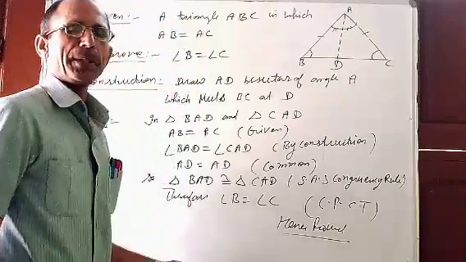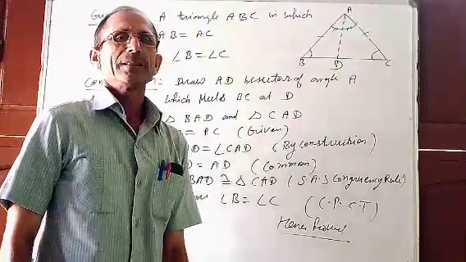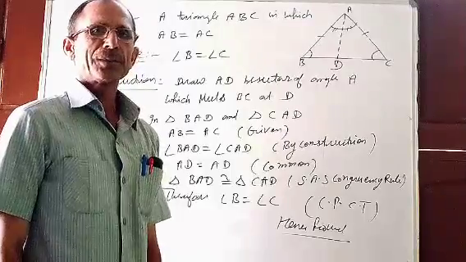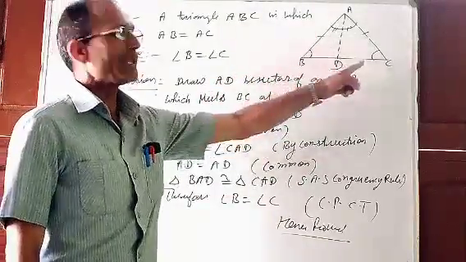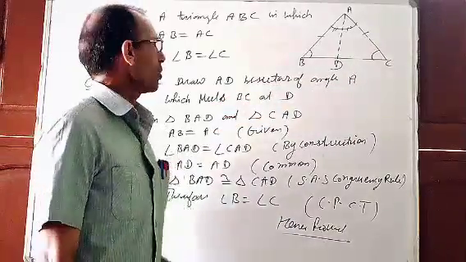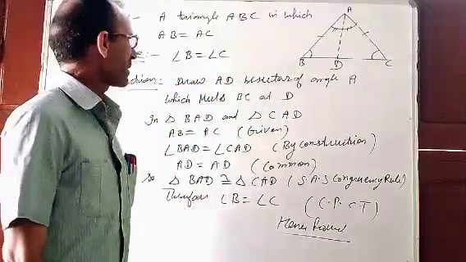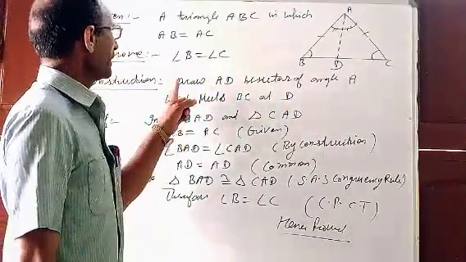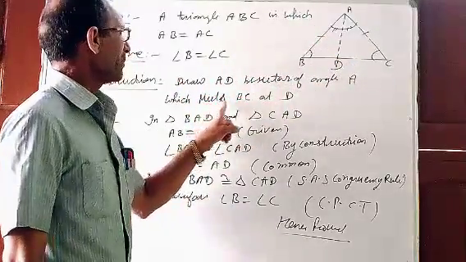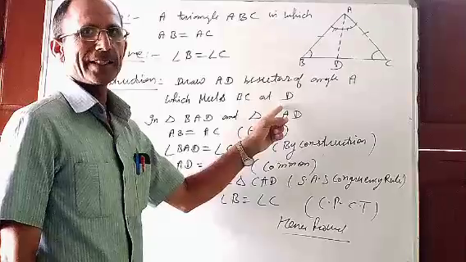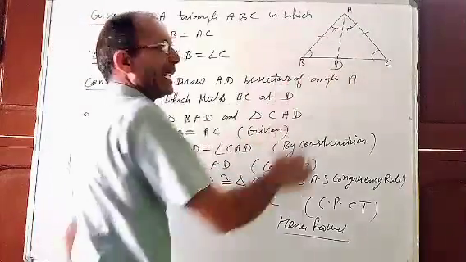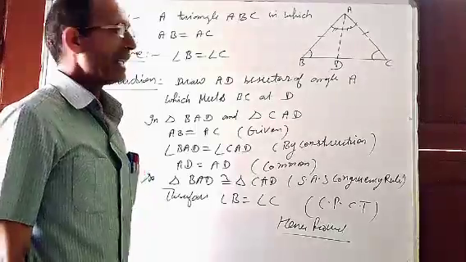Once again I am repeating: prove that the angles opposite to equal sides are equal. What is given? A triangle ABC in which AB is equal to AC. We have to prove angle B is equal to angle C. Construction: draw AD, bisector of angle A, which meets BC at D. Now take triangles BAD and CAD.